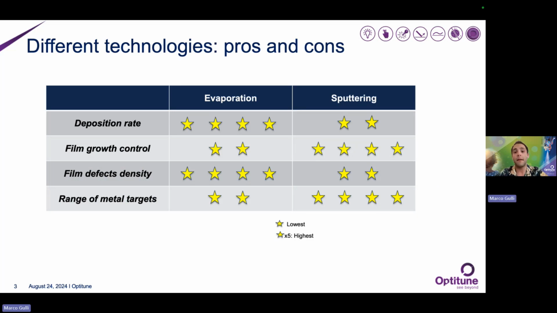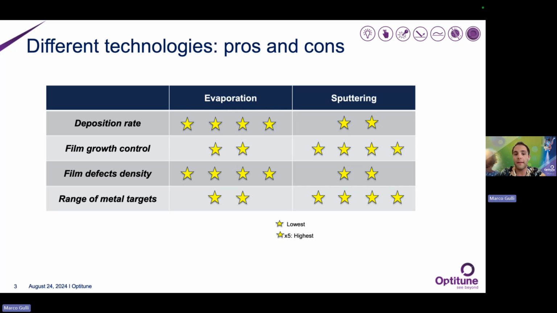One, in this case, may wonder which one of these two technologies is better. So we have pros and cons. When working with evaporation, the deposition rate is higher, which translates into a higher productive output in general.